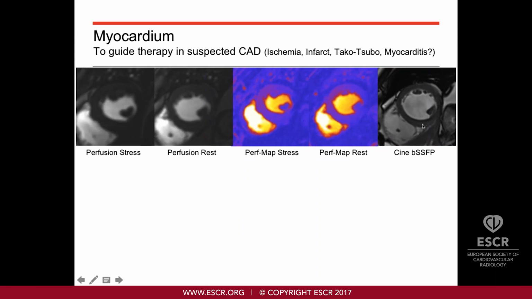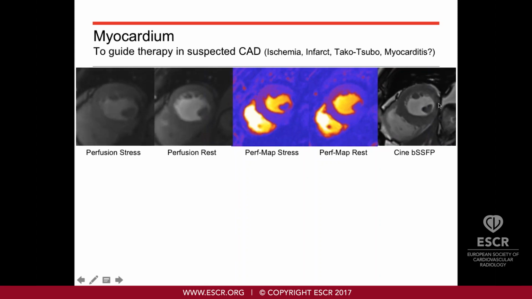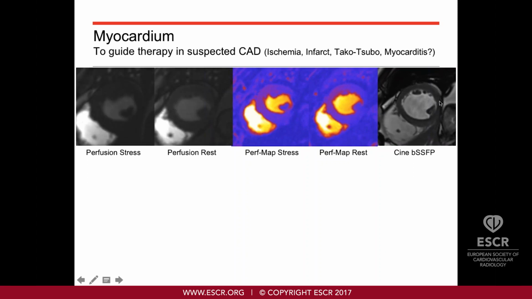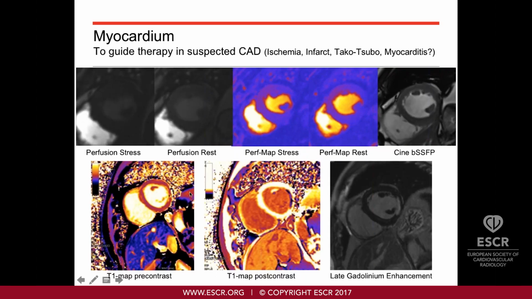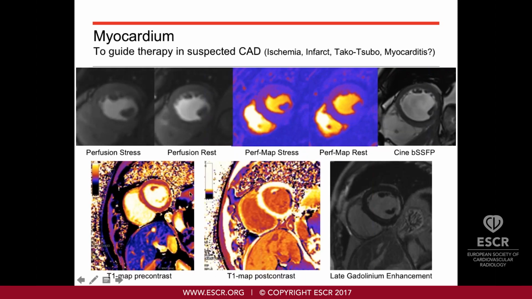Now when we look at tissue characterization in more detail on this T1 pre-contrast map, we see prolongation of the T1 time in this area. So here we see the T1 map, and here we see the T1 scale encoded by different colors. And here the T1 map post-contrast, we see T1 shortening in this area.